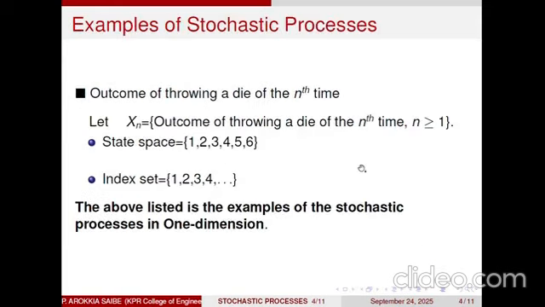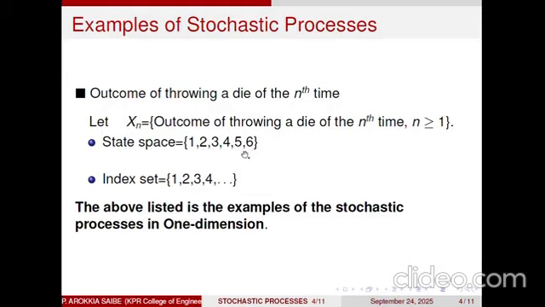Now let us have one example that explains what is stochastic process, state space and index set. So the stochastic process here is Xn that defines the outcome of throwing a die for the nth time. Suppose I throw a die for the first time, second time or third time, and I continue for the nth time; the outcome takes 1, 2, 3, 4, 5, 6.